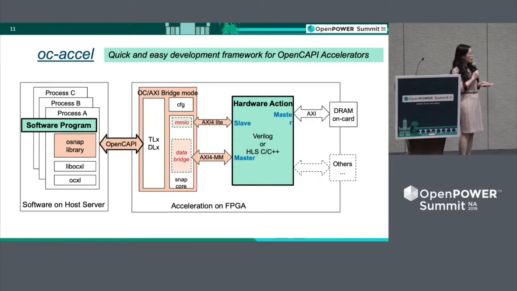It is an AXI4 memory-mapped interface. Here, the hardware action is a master, and it uses virtual addresses to access host memory. And you can also expand your connections to this FPGA card's external IOs. For example, we have a DDR memory controller. We can also have an NVMe controller here, and an Ethernet controller here. So as you wish, you can expand it.